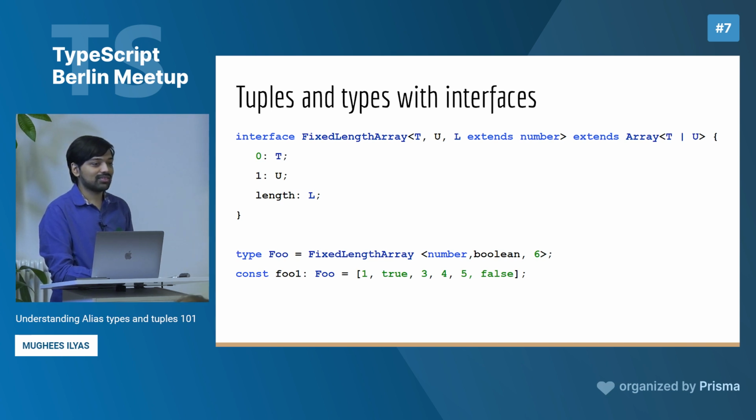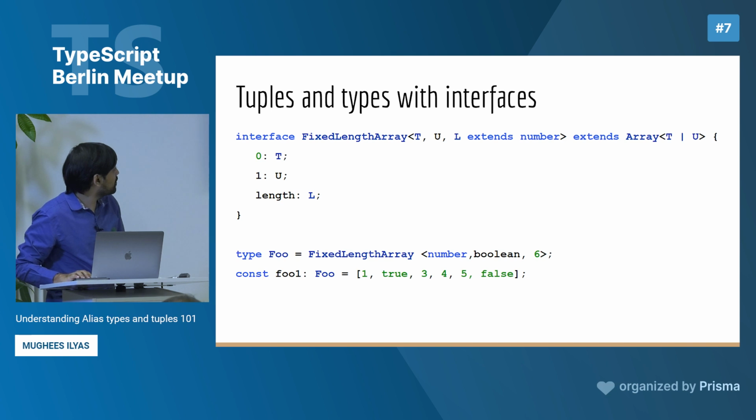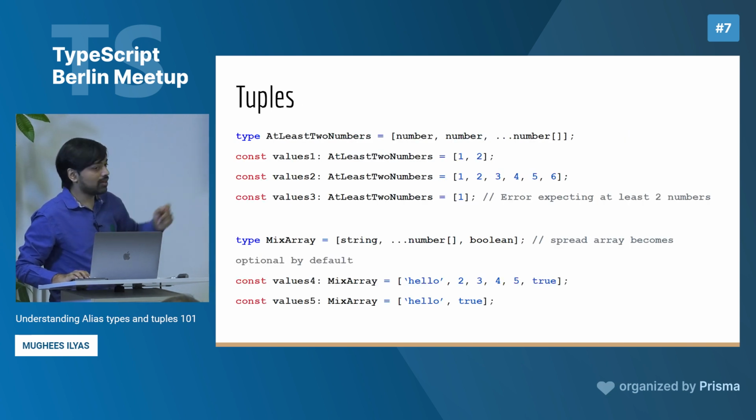So can you define types with generics? Yes, because you define this fixed length array as an interface. Can you do the same with type? With type, you don't have to, because when you're creating a tuple, it's already length bound. But if you want to reuse this type with different types, this type should support generics.